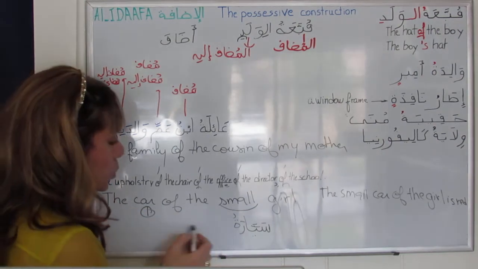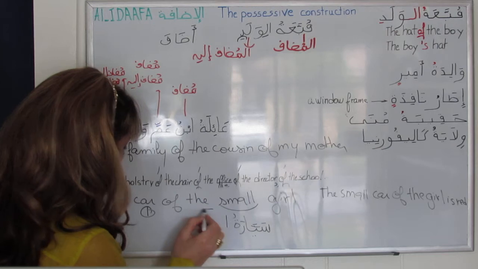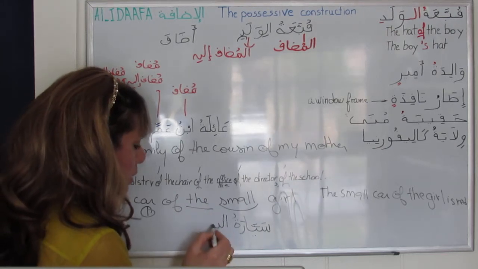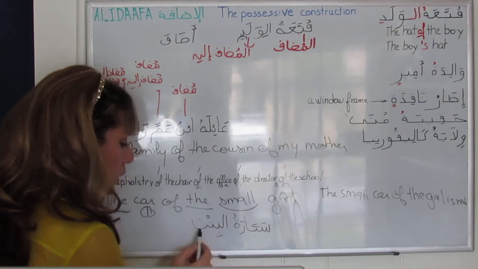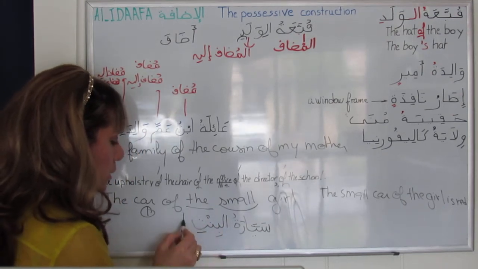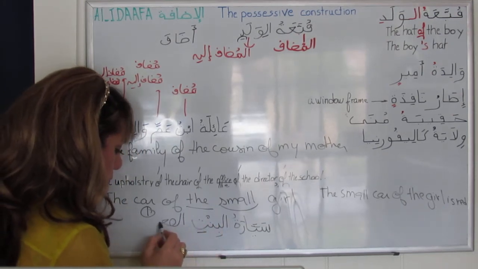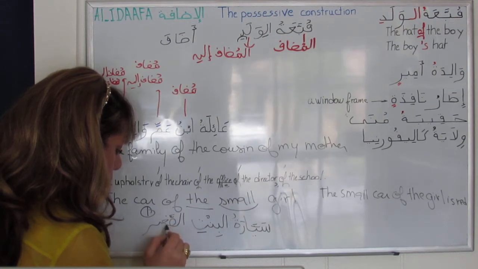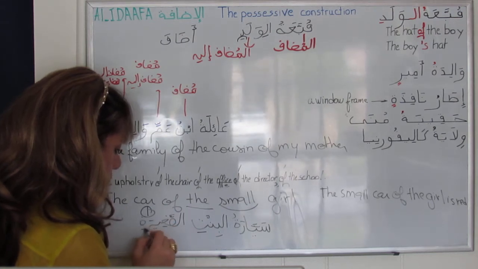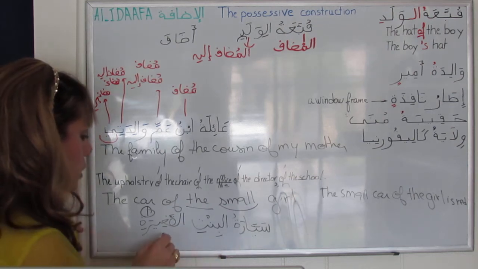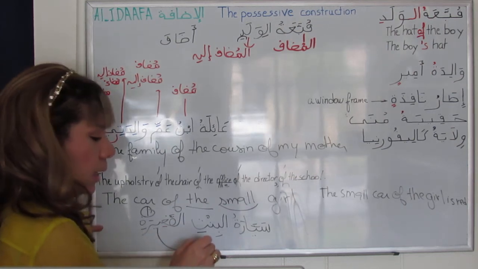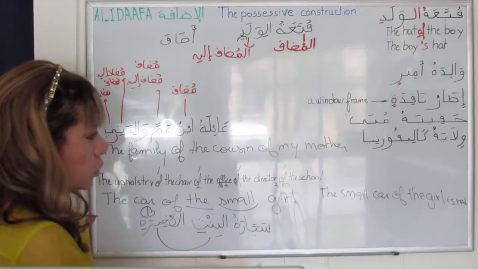So سيارة البنت, because we have definiteness. البنت كسرة الصغيرة. Here it's no problem, it's following the noun al-bint because it's describing it.